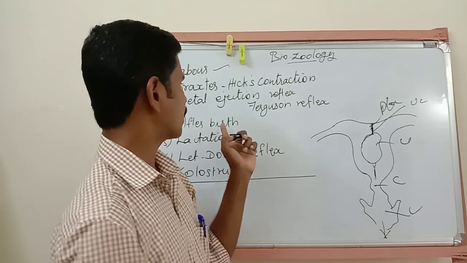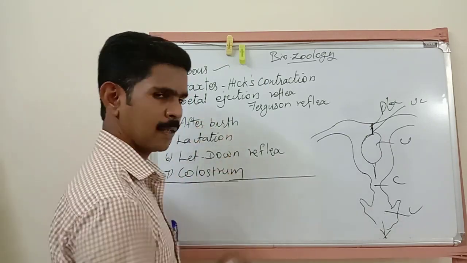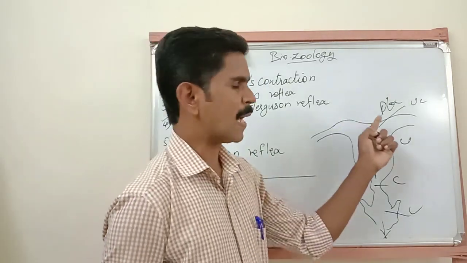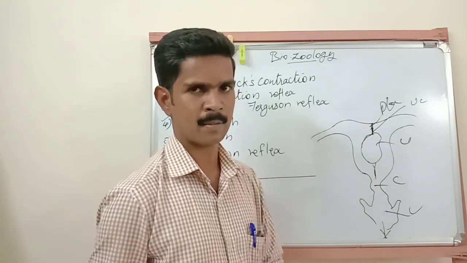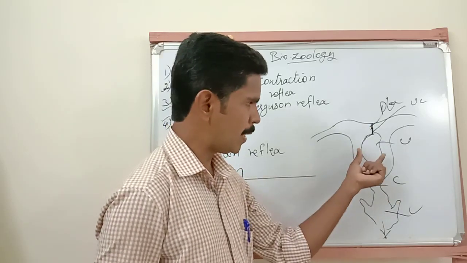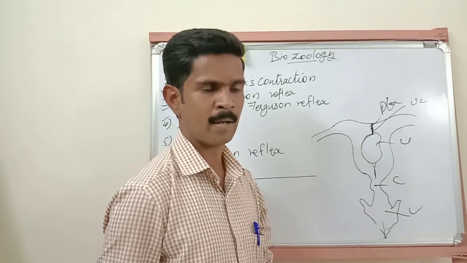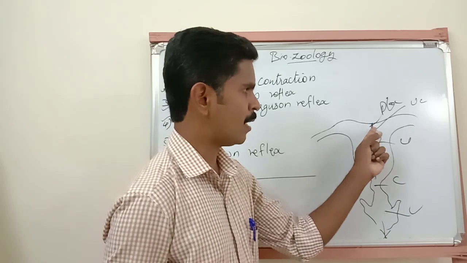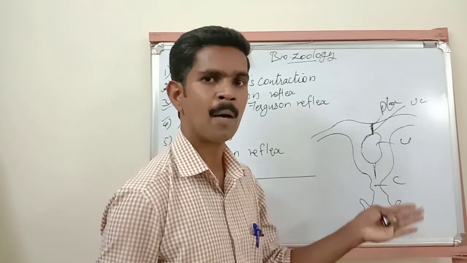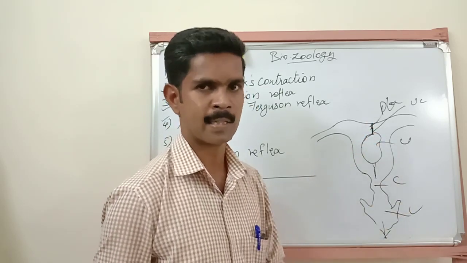After birth means the placenta along with the umbilical cord is called after birth, because when the baby is pushed outside or expelled from the uterus, this placenta and umbilical cord also come outside along with the fetus.